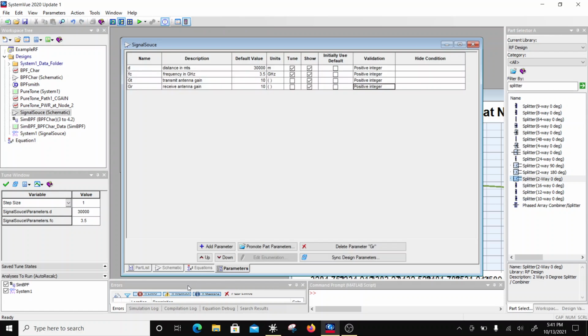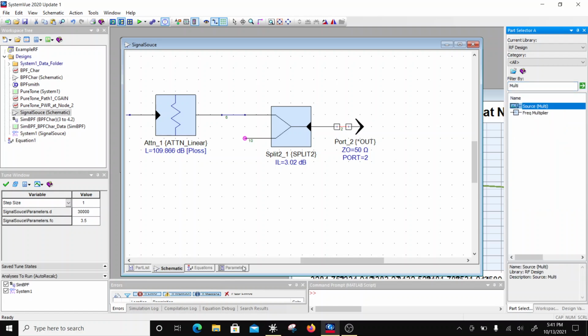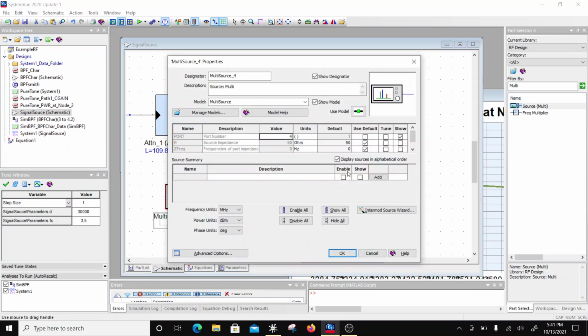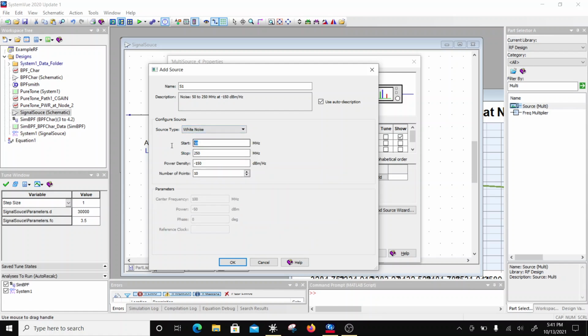So that's done. Okay, and here I'm going to put a noise. So I will go to multisource, and I'll put a multisource here, and here I'll add white noise, and I will go from 1 megahertz to, let's say, 10 gigahertz, right?